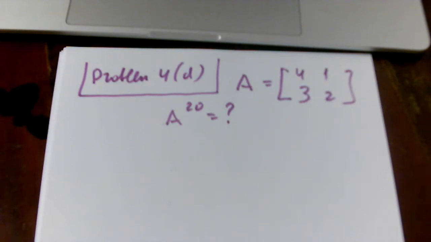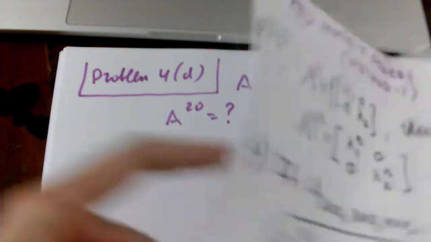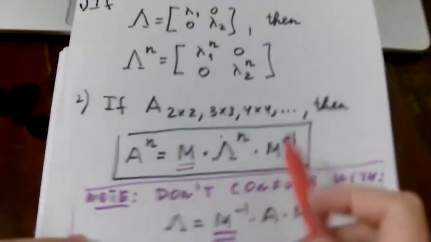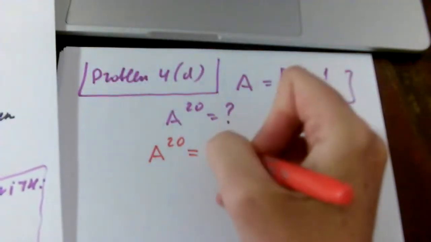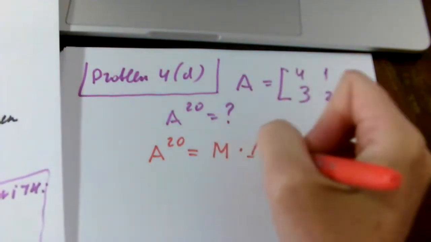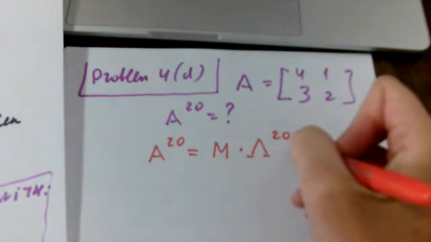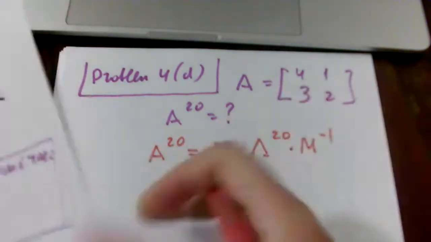Okay, let's rewrite our beautiful formula for our situation. According to the formula which I just gave you on the previous page, we need to write A to the power of 20 is equal to M times lambda, the spectral matrix, to the same power of 20, and M minus 1.